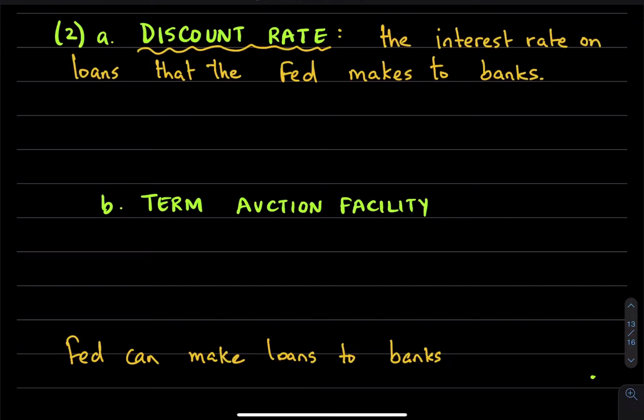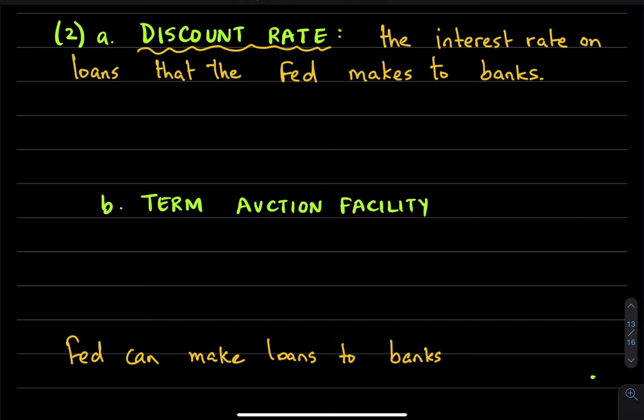Okay, so if Bank of America needed a loan, it could go to other banks. It could go to Citibank, it could go to Chase, or some other bank, or it could go to the Federal Reserve. Usually that's the last resort because the central bank, the Federal Reserve, is the lender of last resort. So this is, again, an infrequently used tool.